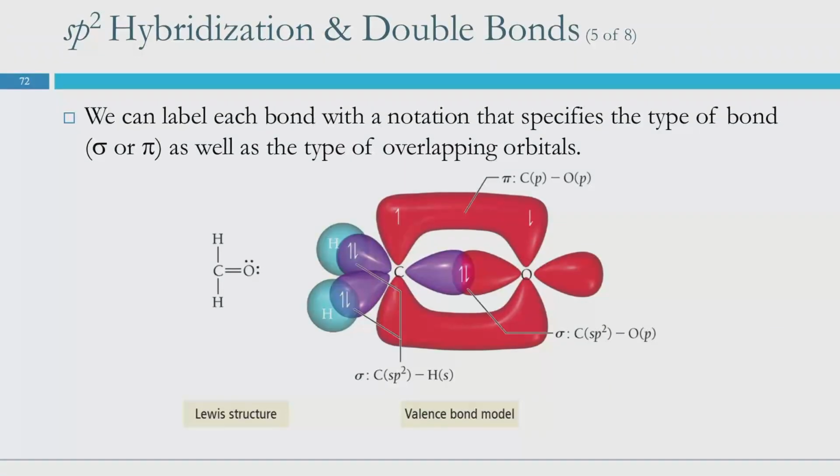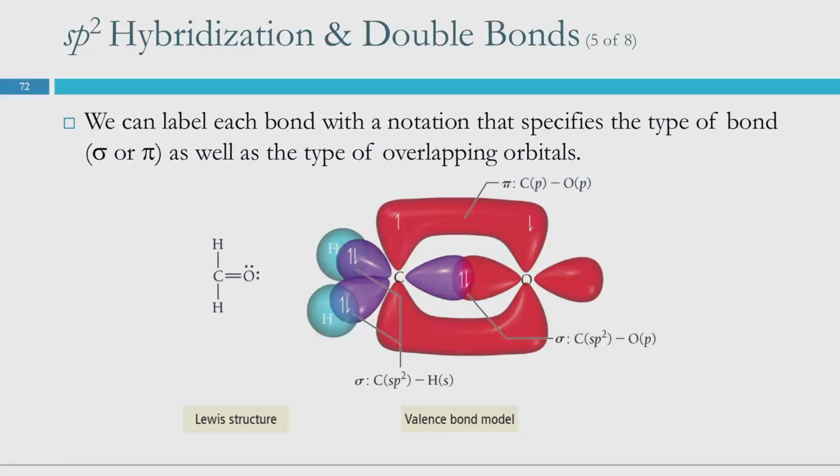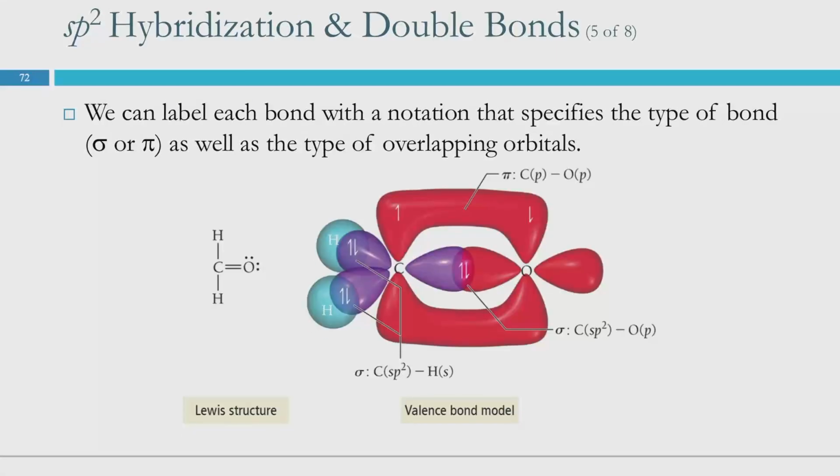So the way that we label these bonds is with the type of bond. They're sigma, end-to-end direct overlap, or they're pi bonds, sideways, parallel overlap, pi for parallel maybe. So we signify the type of bond, sigma or pi, as well as the type of overlapping orbitals.